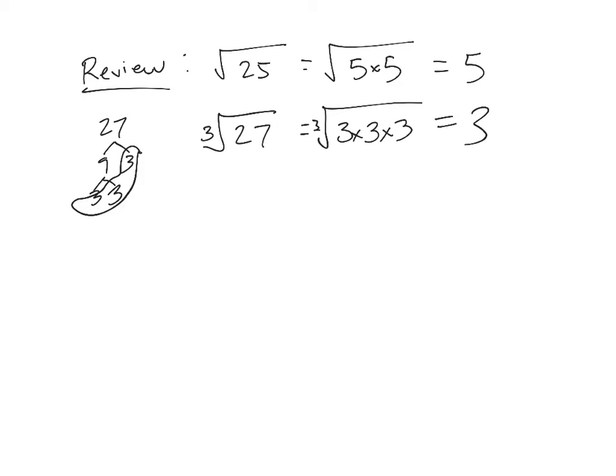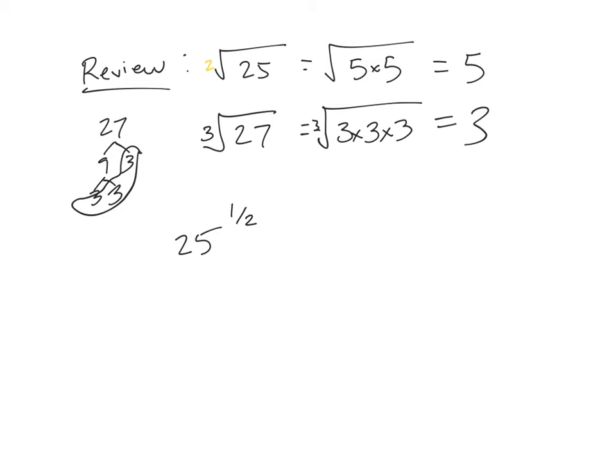Now, we're going to write this in a different way starting today. For 25, instead of saying square root, my invisible index on 25 is 2, meaning I need 2 5s. The way I'm going to write that today is 25 to the power of 1/2.